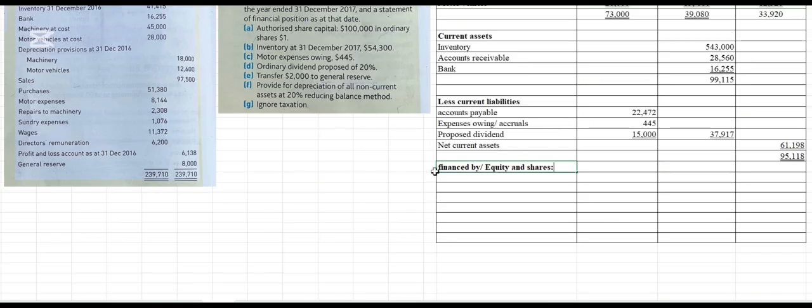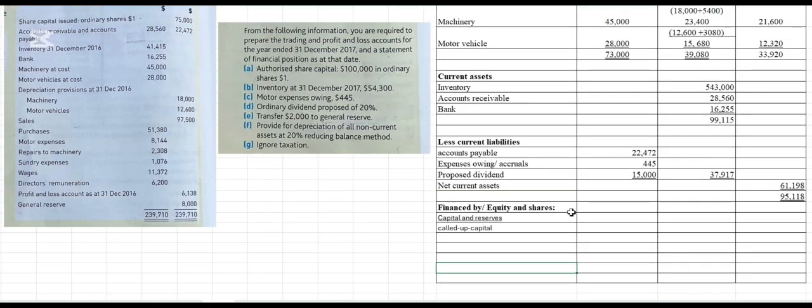Whichever would be fine for this part. Under this section, you will have your capital and reserves. Now, under your capital and reserves, you will have your called up share capital. And this amount is provided to us in the trial balance as 75,000.